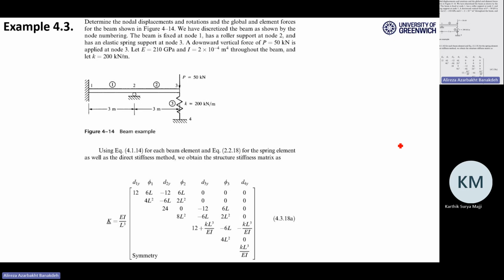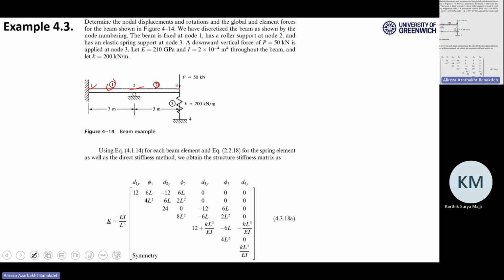So we move to example 4.3, which has a difference with the previous examples, like having a spring connected to node number 3. So we have 3 nodes and 2 elements. If you hadn't had the spring, it was just a normal example like the previous ones.